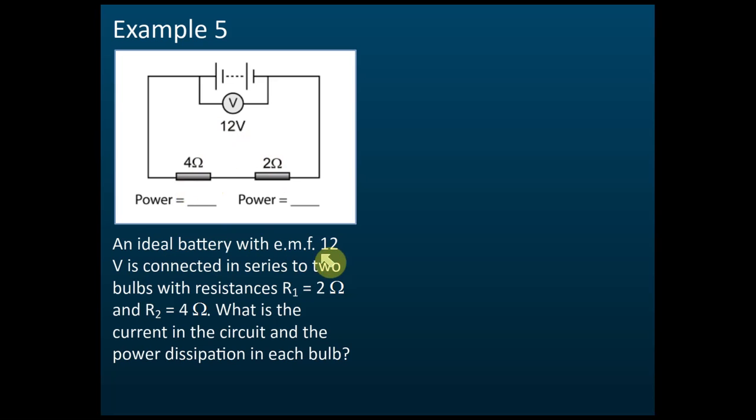An ideal battery with EMF 12 volt is connected to 2 bulbs with resistance 2 ohm and 4 ohm. What is the current in the circuit and the power dissipated in each bulb?